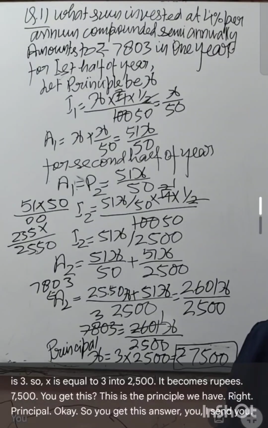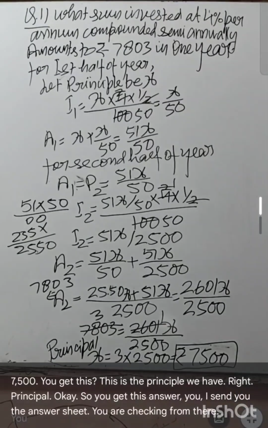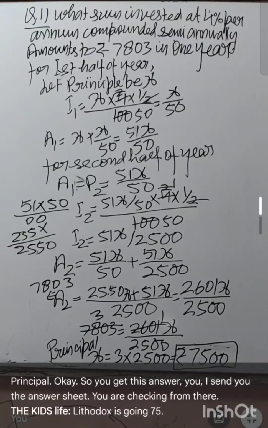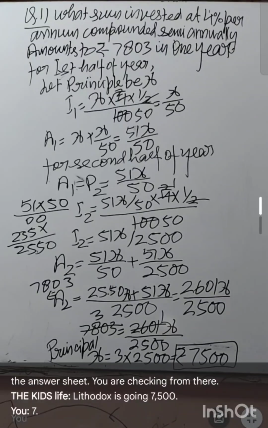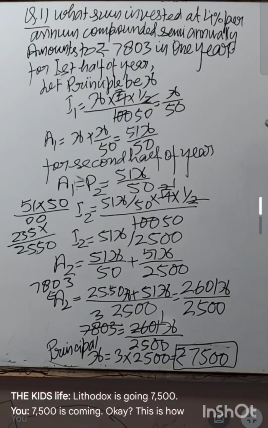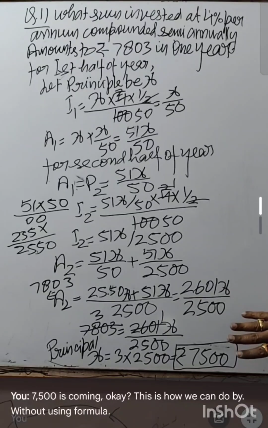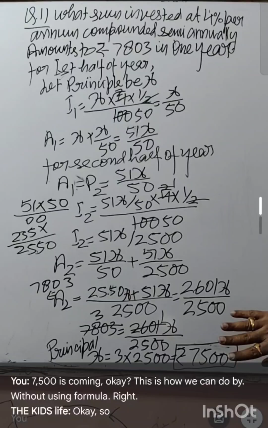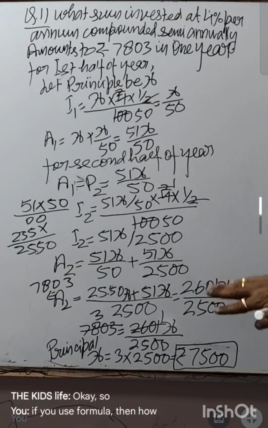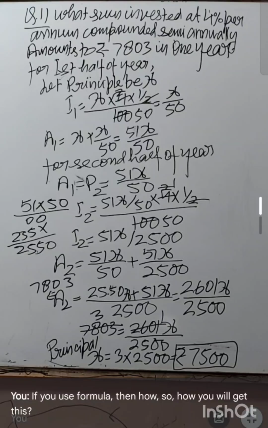I sent you the answer sheet. You are checking from there? Yes, sir. The answer is coming 7500. Okay. This is how we can do it without using the formula, right? Okay, sir. If you use the formula, then how will you get this?